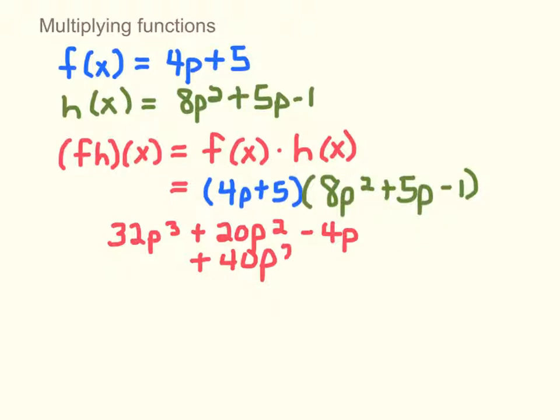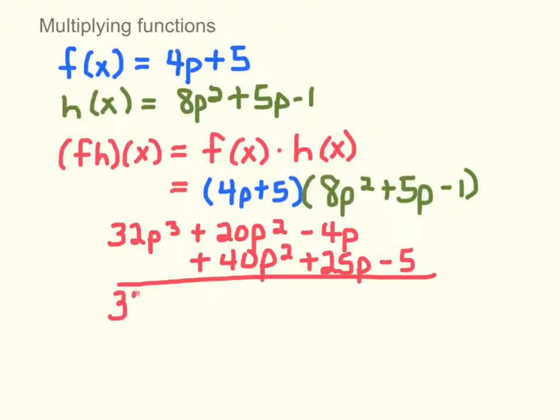I'm putting it directly below the 20p squared. 5 times 5p is 25p. I'm putting that directly below the negative 4p. And then 5 times negative 1 is negative 5. Now I'm going to treat this like I am adding two functions, and it'll give me my final answer, and I'm making sure I have it in the order of highest exponent to lowest exponent.